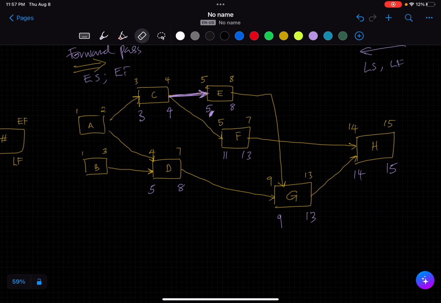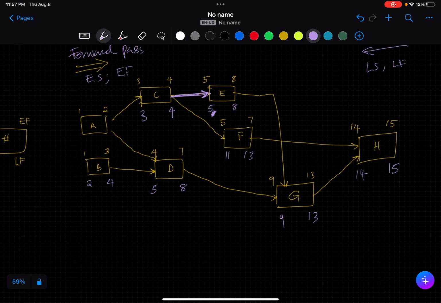Now back to this routine. So we are at C and D. Now back into A and B. B, I think, is straightforward. The latest possible finish for B that won't affect D will be 4, week 4. And when we factor in the duration, the late start will be 2.